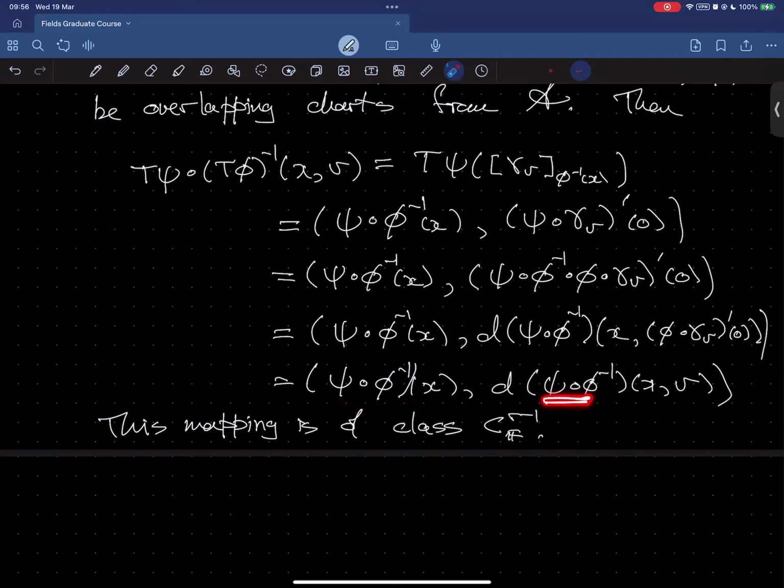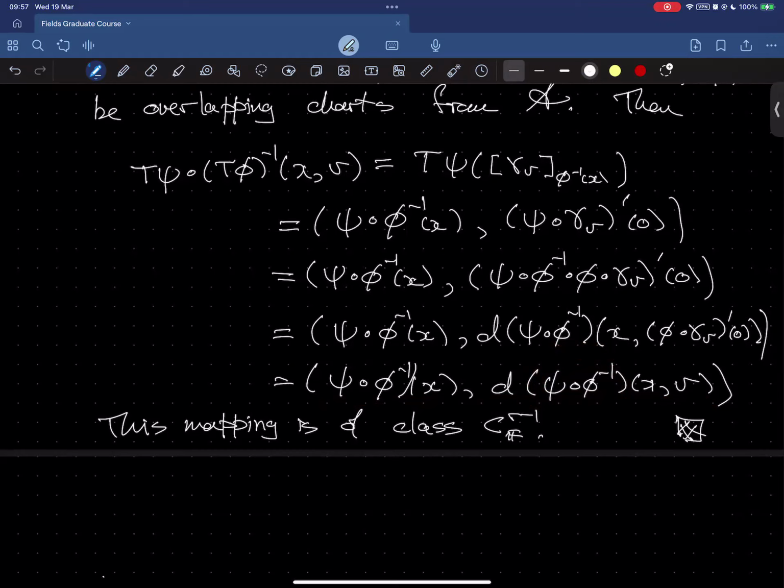Because psi composed with phi inverse is of class C^r, by definition its derivative is of class C^(r-1), and C^r is certainly also C^(r-1). So both components of this product are of class C^(r-1). In any case, the overlap map is of class C^(r-1). So that's the manifold structure for the tangent bundle.